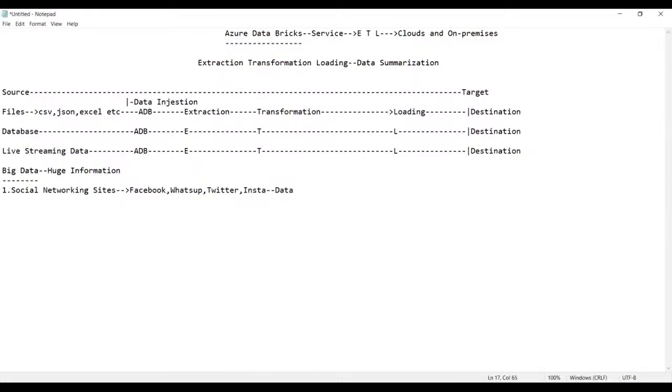So basically, this is a business now, and from the business we get the data. We put the data in the form of files or whatever type you have.